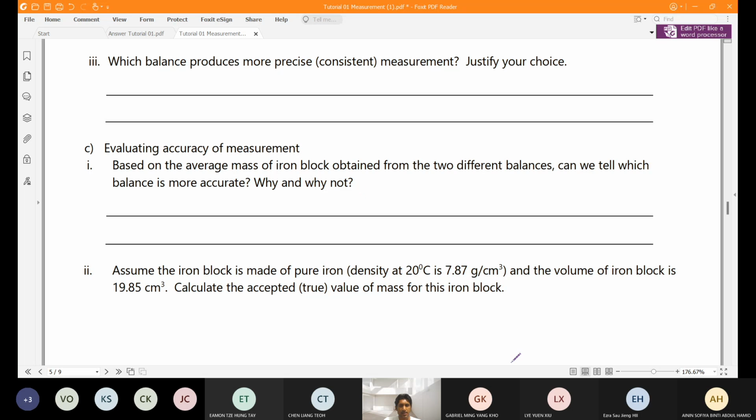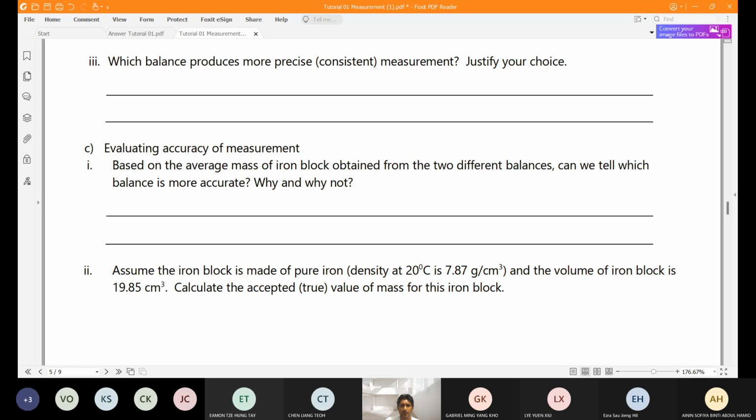Why and why not? So we cannot tell. Oh no, sorry. We can, right? We can tell which balance is more precise. Can we tell which balance is more precise?